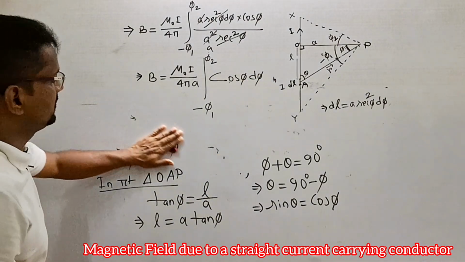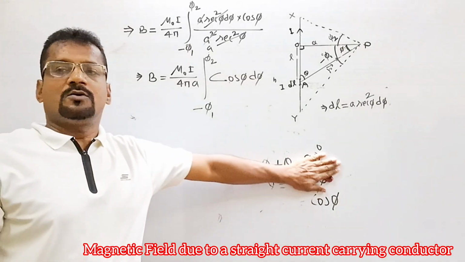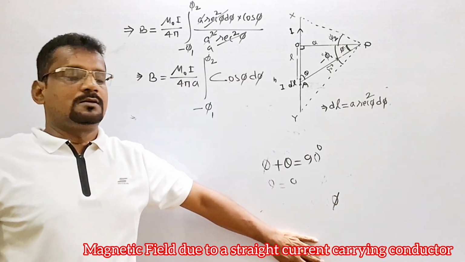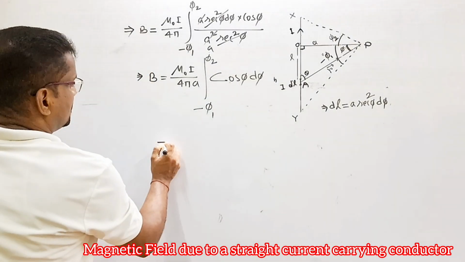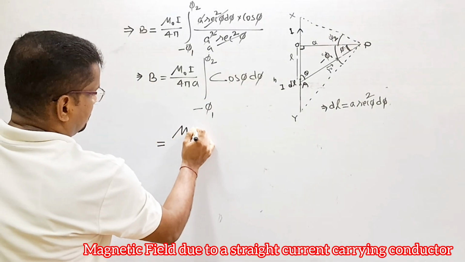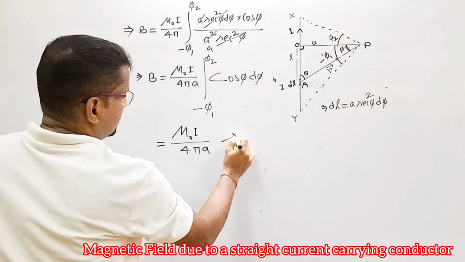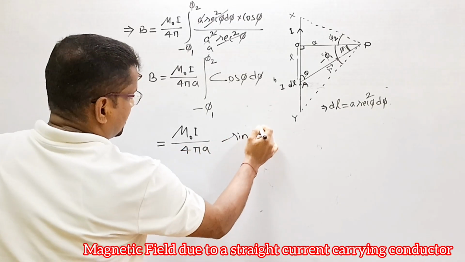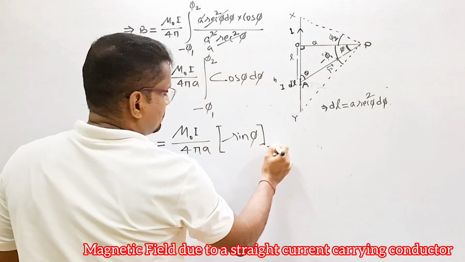Now it's a simple integration. Integration of cos phi d phi is sin phi. So B equals mu naught I by 4 pi a, sin phi, with limits minus phi 1 to phi 2.